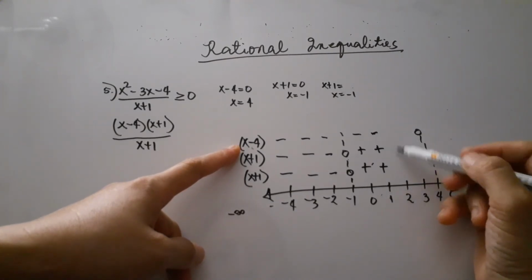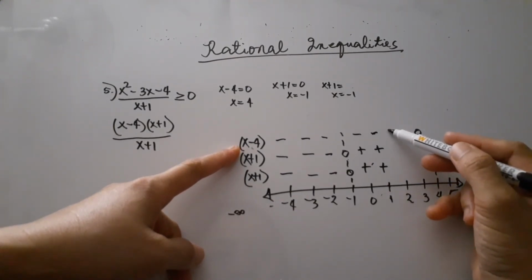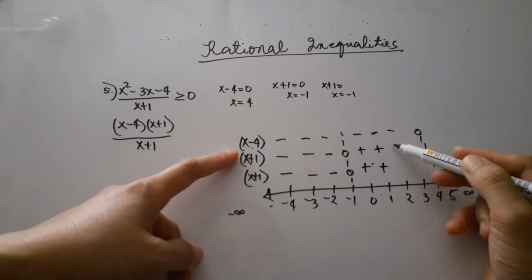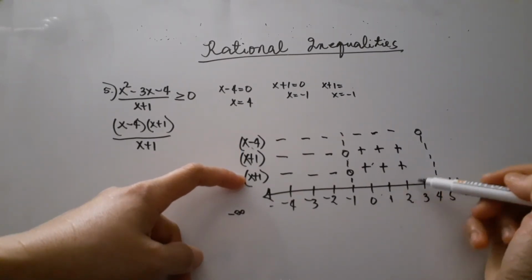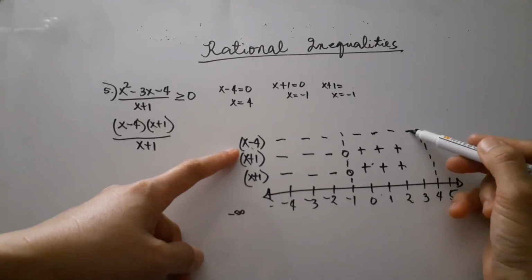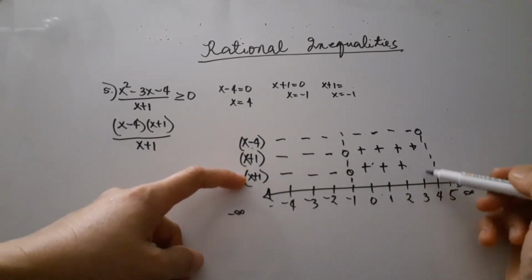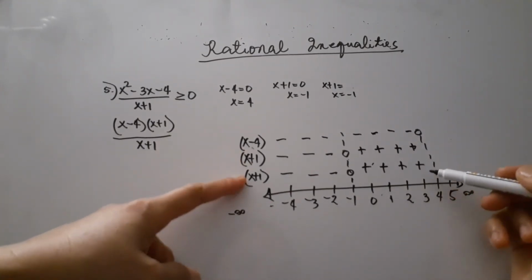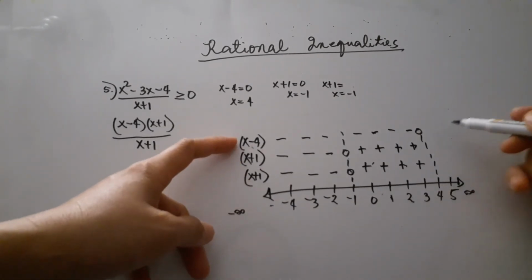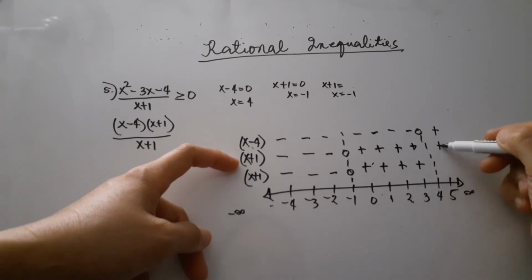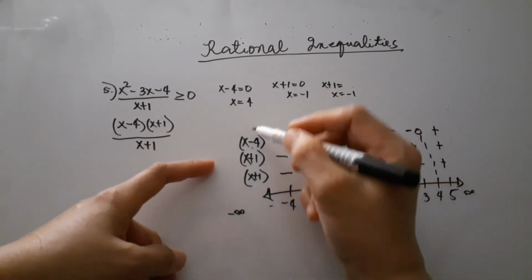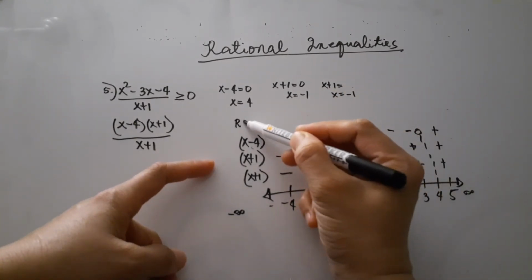And then 2 minus 4 is negative since the larger value is negative. And 5 minus 4, since the value of 5 is greater than 4, we have a positive sign.